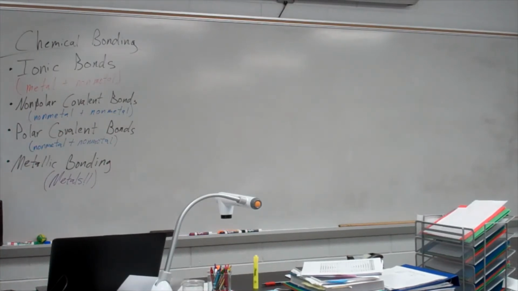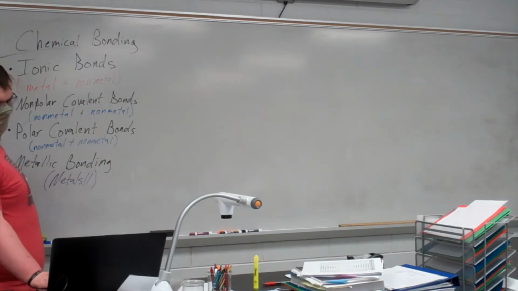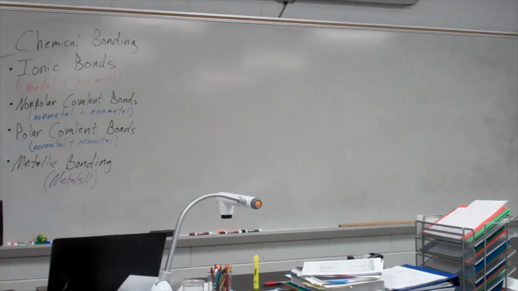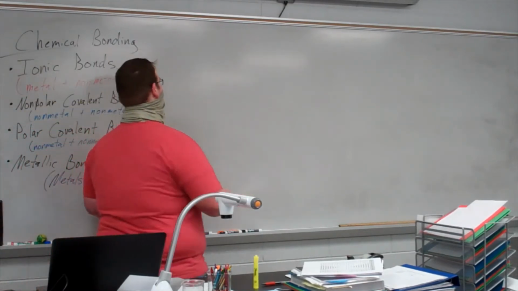So this is just a general overview of what we're going to be looking at within these different types of bonds. Breaking them down a little bit. So first starting with ionic bonds.